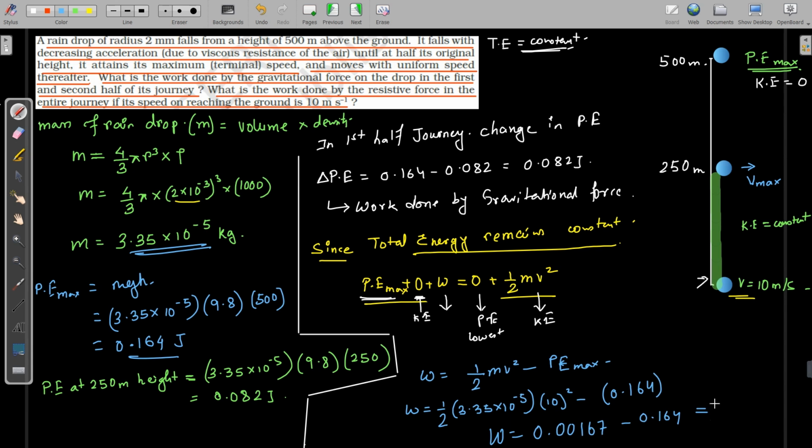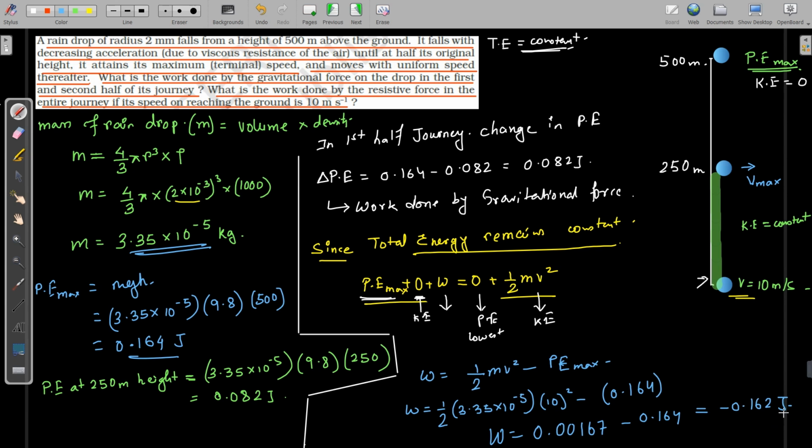If we calculate this, we get minus 0.162 joule.